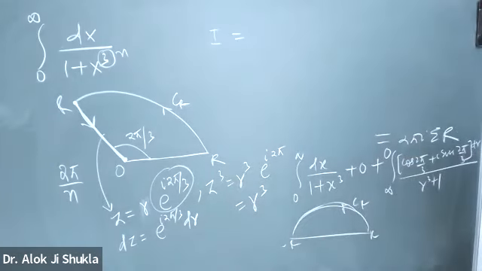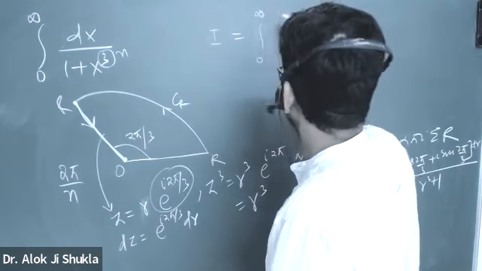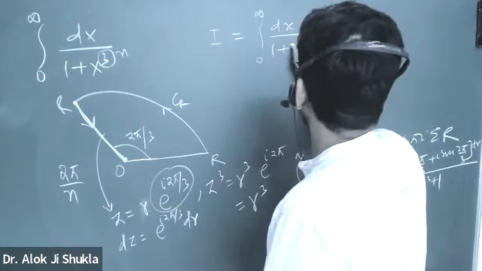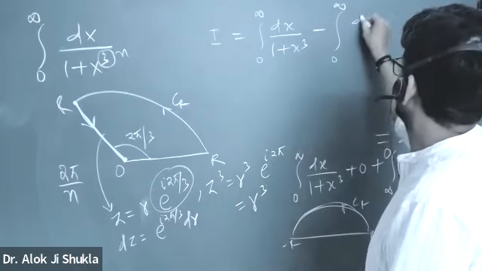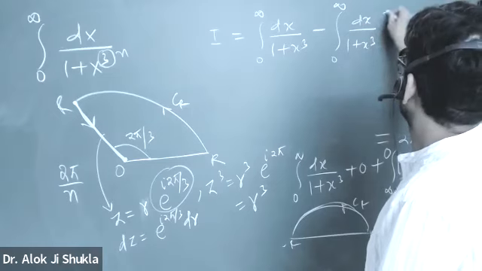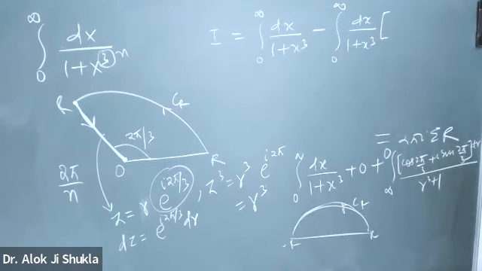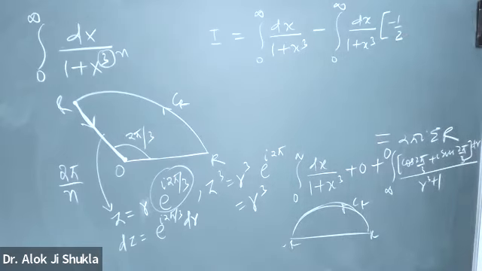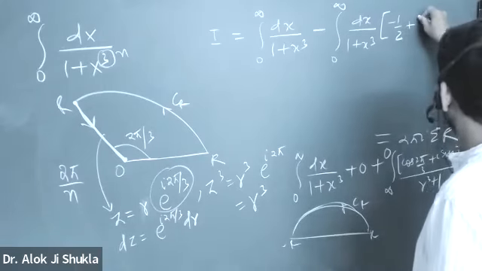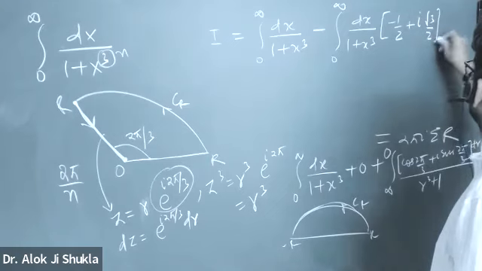Now what we have: integral 0 to infinity dx upon 1 plus x cube minus integral 0 to infinity dx upon 1 plus x cube into what is 2 pi by 3, cos 120, which is cos 90 plus 30, which is minus 1 by 2, plus iota root 3 by 2, and dx.